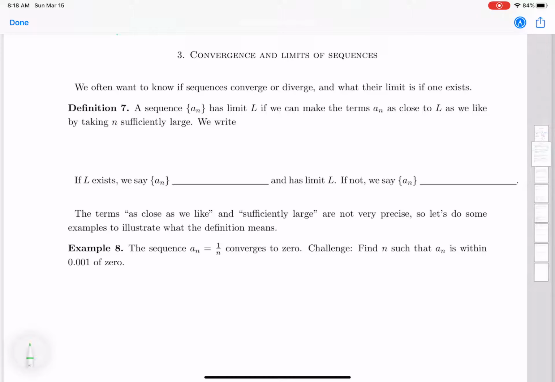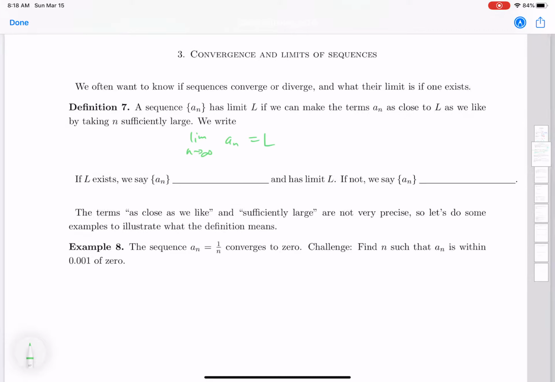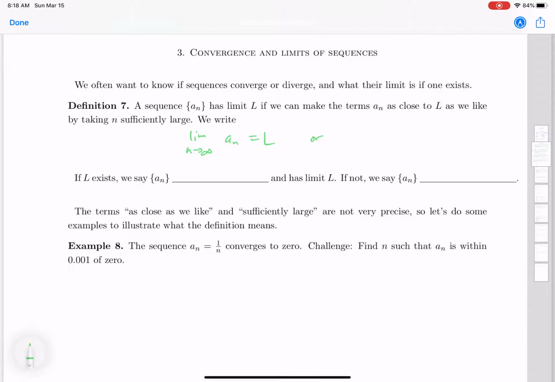A sequence has a limit L if we can make the terms a sub n as close to L as we like by taking n sufficiently large. So we write the limit as n goes to infinity of a sub n equals L, or a sub n approaches L as n approaches infinity.